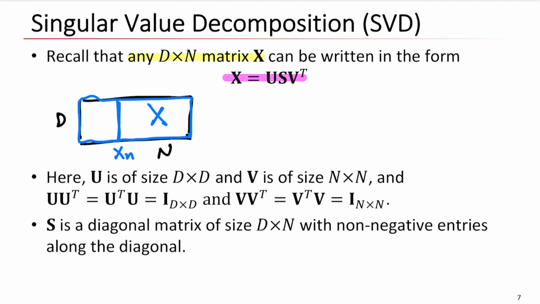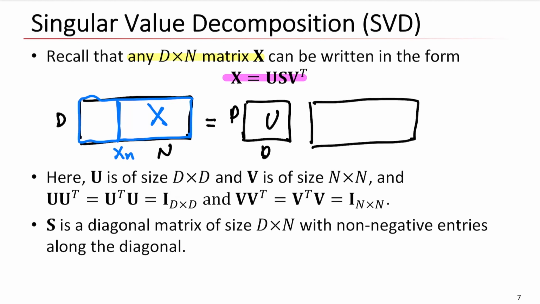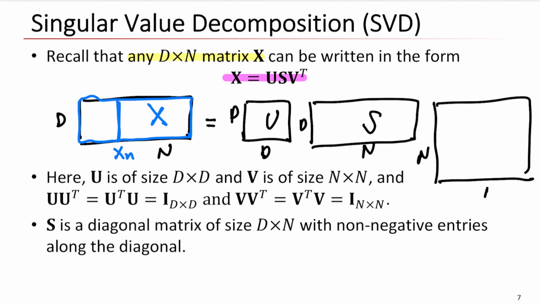Then the SVD means we can decompose this into a T by T matrix U, a T by N matrix S, and an N by N matrix V transpose.